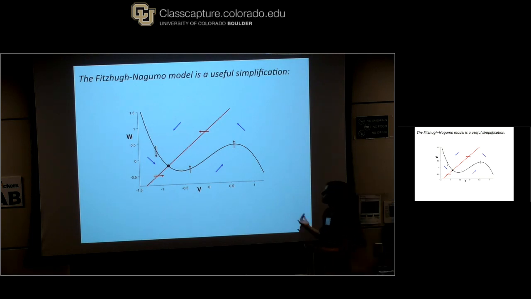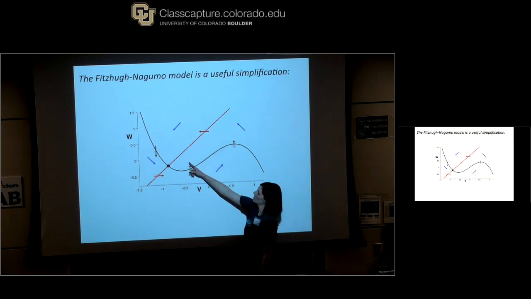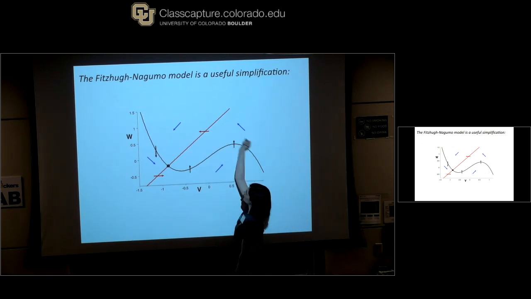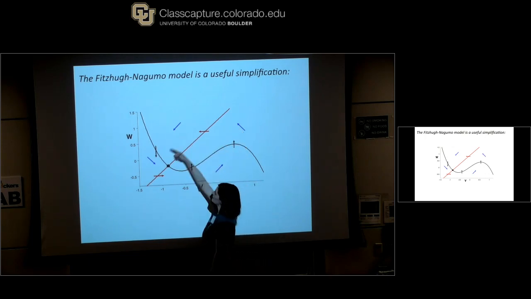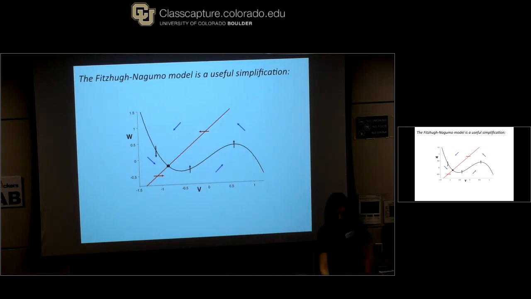Okay? So if we happen to be sitting out here, V is increasing and W is increasing because we're to the right of this null line and below this null line. If we're up here, V is decreasing and W is increasing. That's the blue arrow there. And you can see which way we're going from the arrows, the red and the black arrows, as we cross.